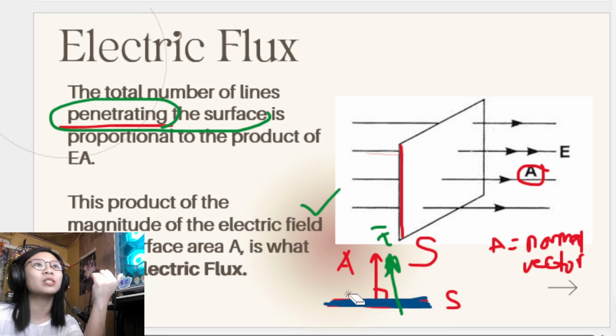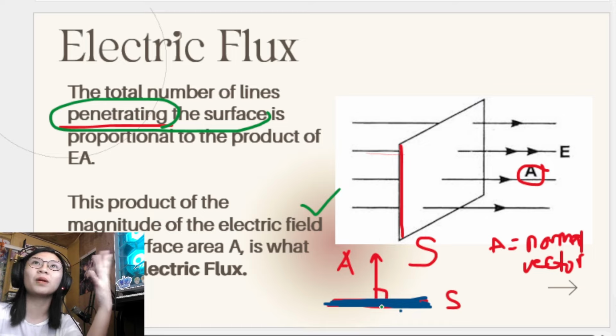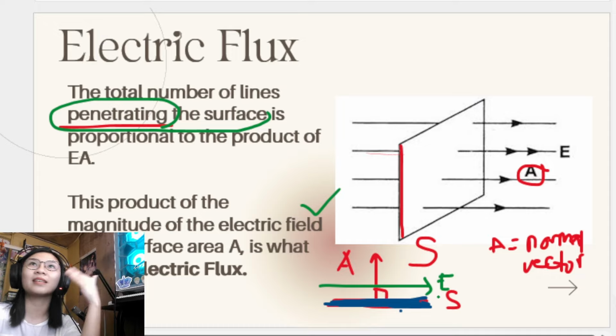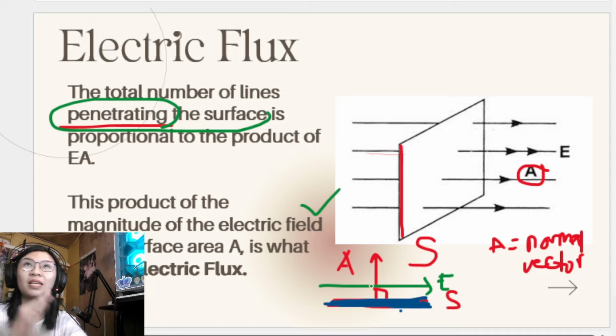But what if the electric field is perpendicular to the normal, or perpendicular to A, the normal vector? Perpendicular means it forms 90 degrees.